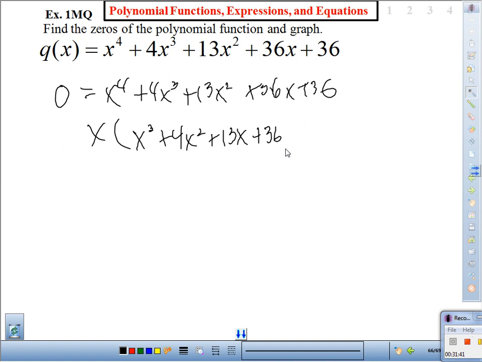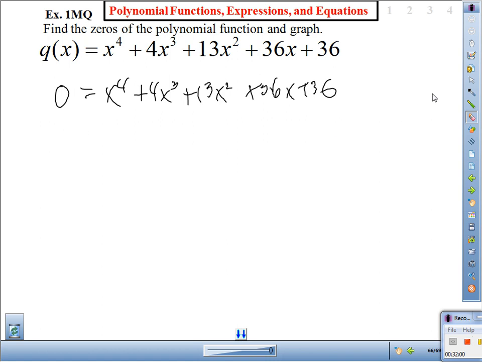Two different constants? Wait a minute, GCF is not x? What do you say, Jake? Because now we have a constant, we can do synthetic division. Bam, let's go. Good one, guys.